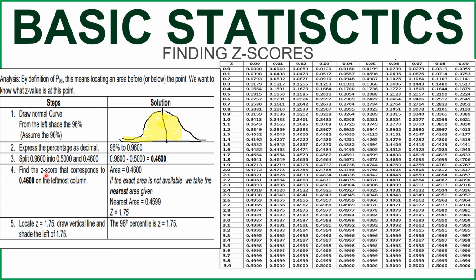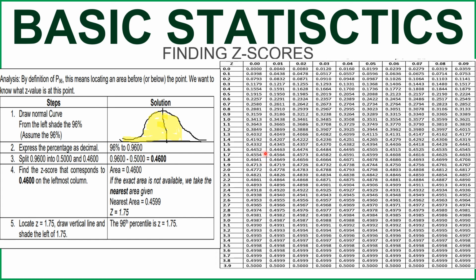So, step 4 na tayo. Find the z-score that corresponds to 0.46 on the leftmost column. So, our area here is 0.46, right? If the exact area is not available, tignan muna natin kung available ba yung 0.46. So, this is 0.44, this is 0.45, and this is 0.4641.